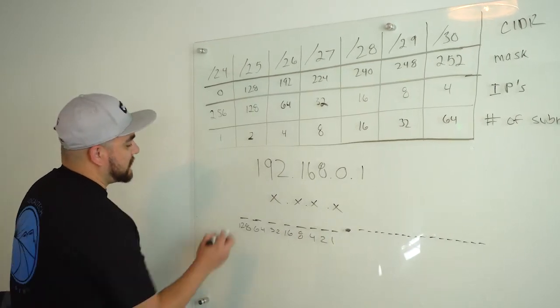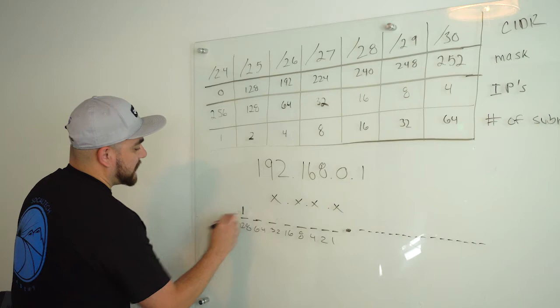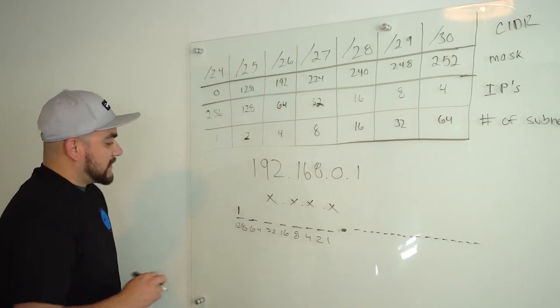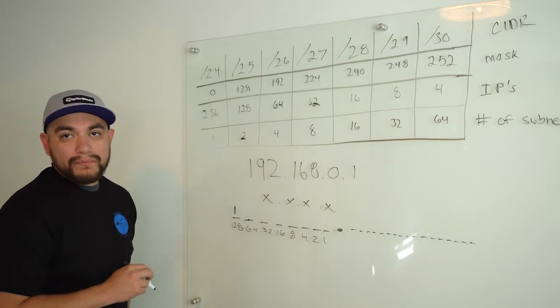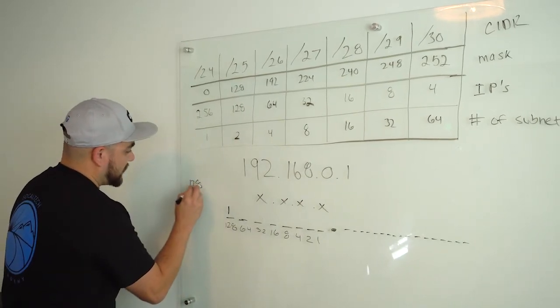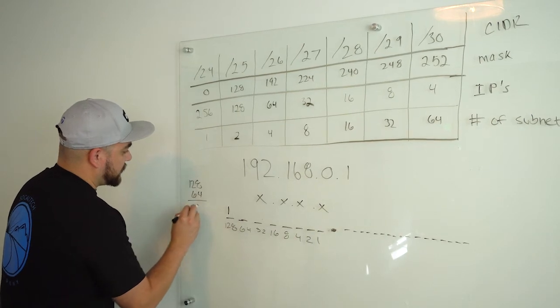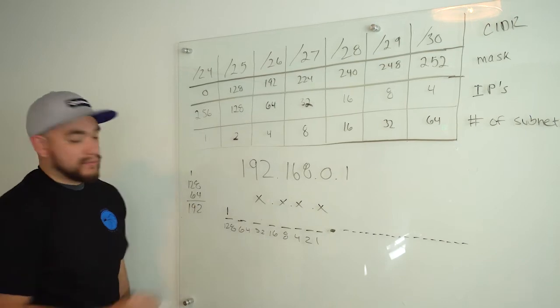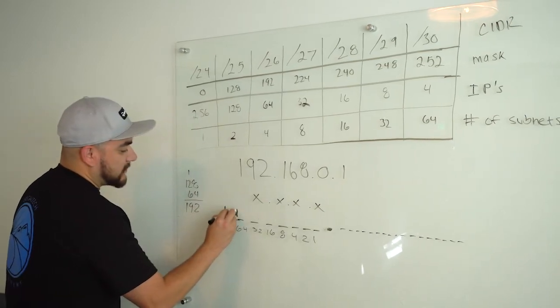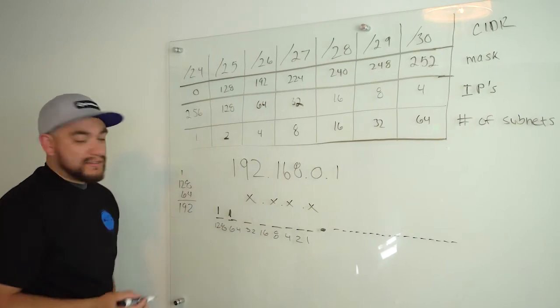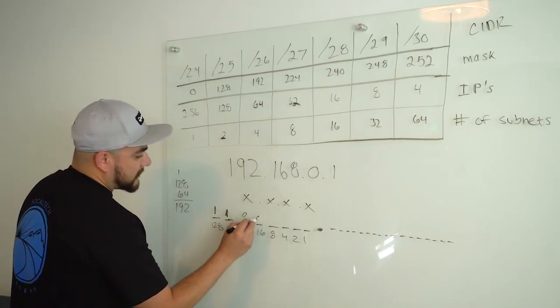To get 192, we turn on the first bit, 128. We go to the 64 bit and add it up: 128 plus 64 equals 192. We turn on this bit. Now since we've got to 192, we can turn off these other bits right here.